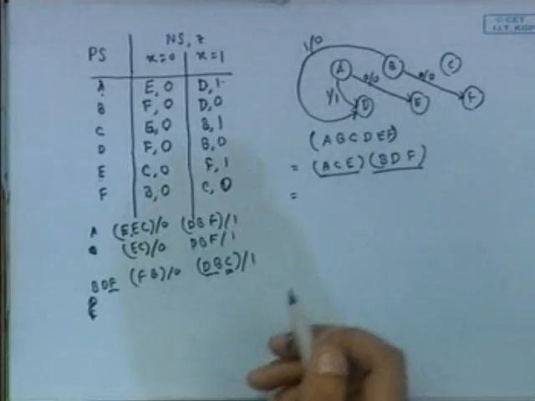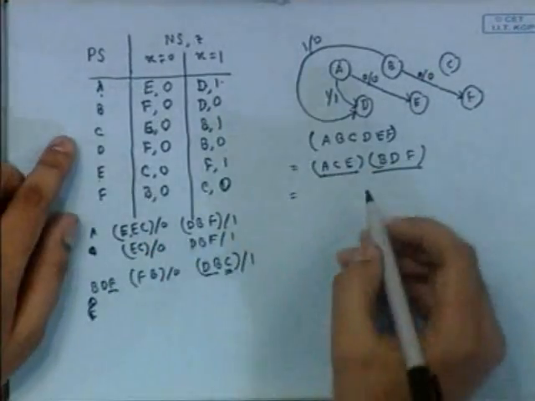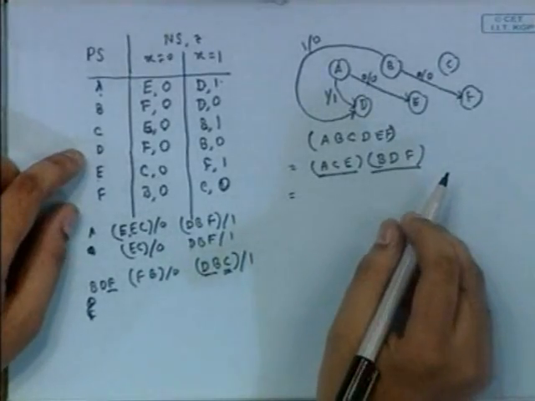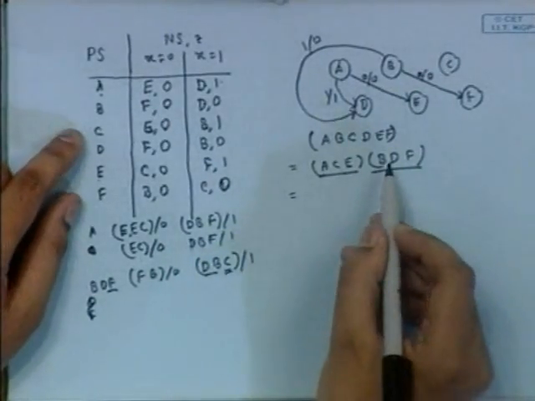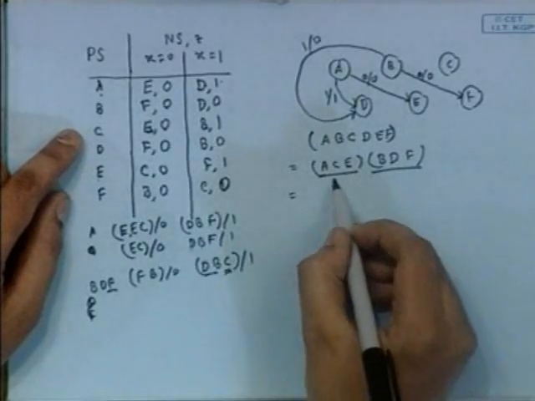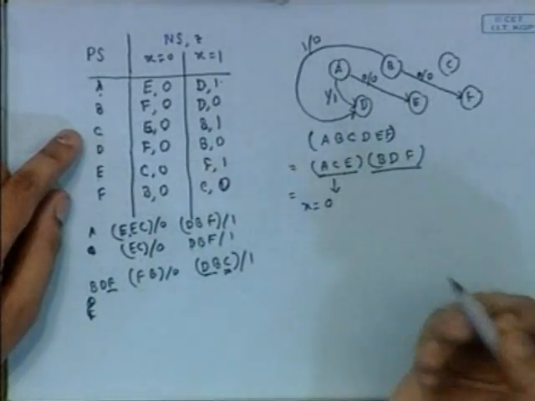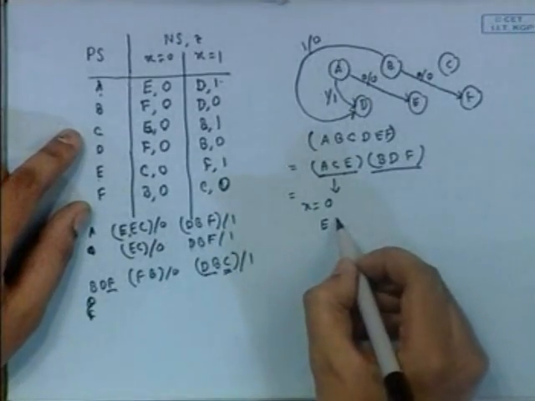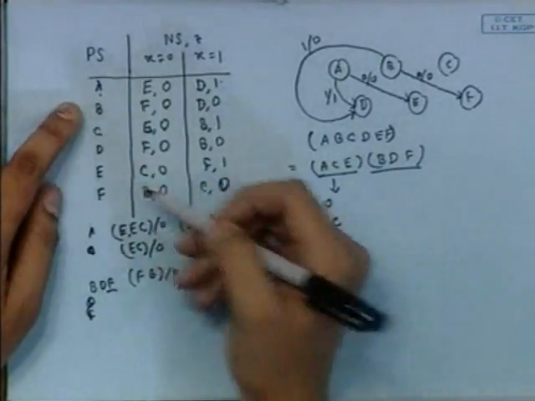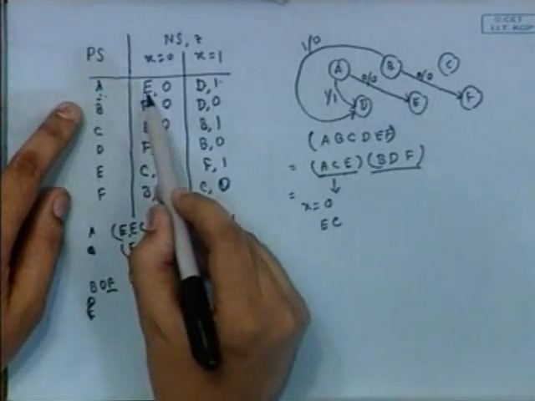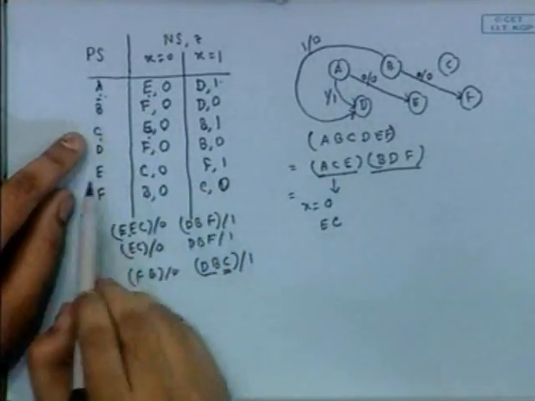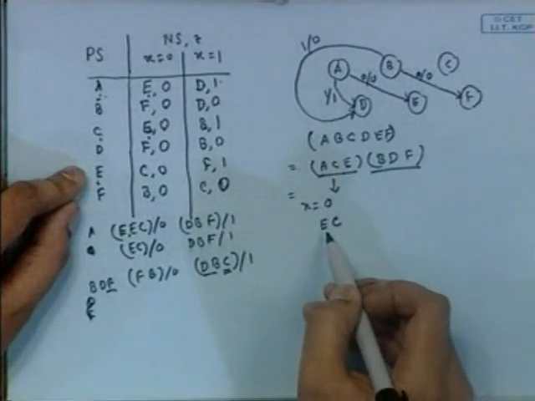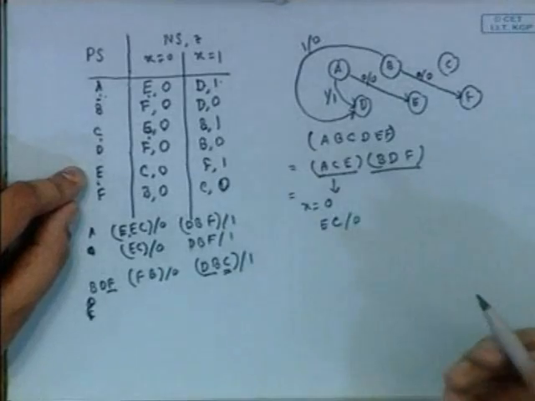For ACE or BDF, they are different. You understand that? For ACE, if you apply x equal to 0 input, then we go to either E state or C state. You can see from the truth table. For A you go to E, for C you go to E, and for E you go to C. So either you go to E or C with the output of 0.